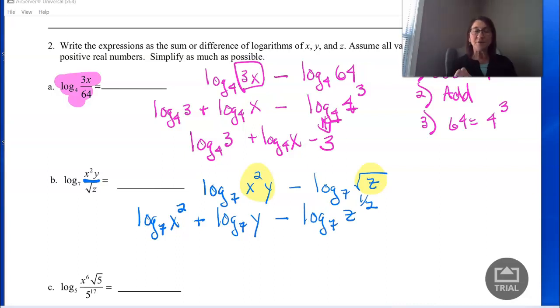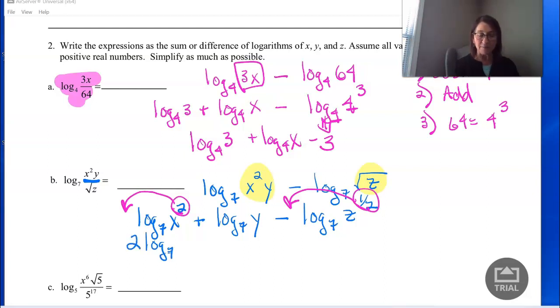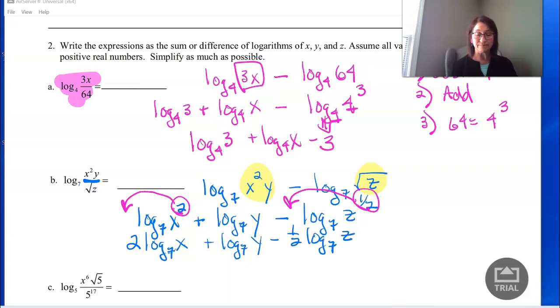Now I can apply my power property. This 2 is going to come in front, and this 1/2 is going to come in front. So my final answer is 2 log base 7 of x plus log base 7 of y minus 1/2 log base 7 of z. There we go. It's all good.